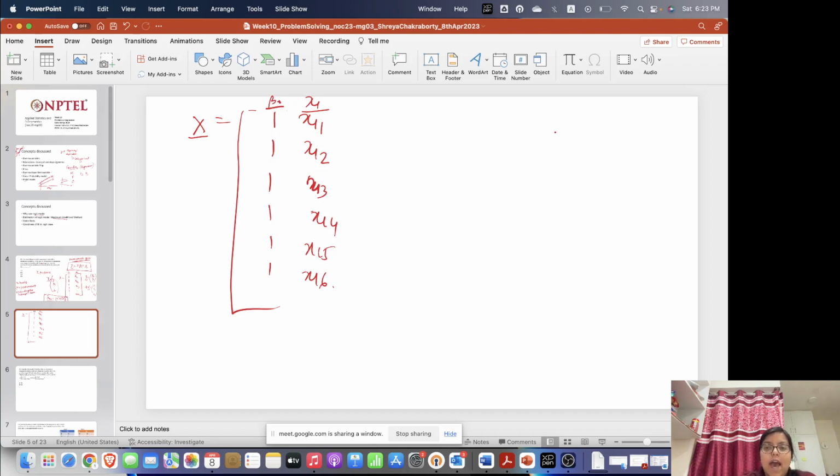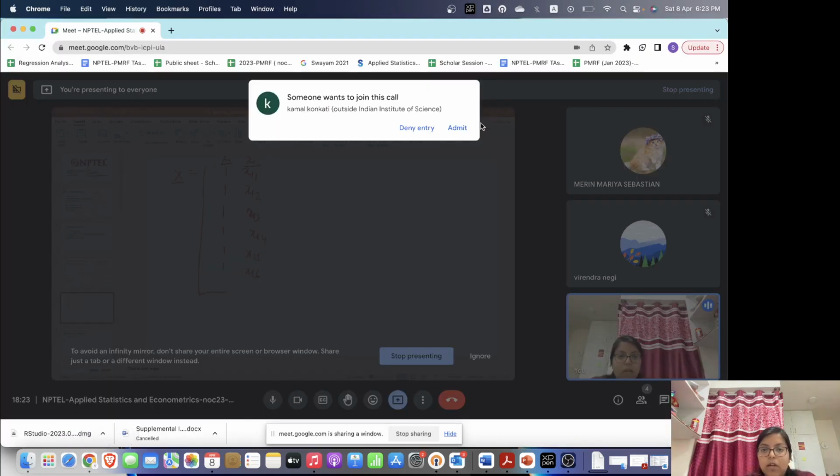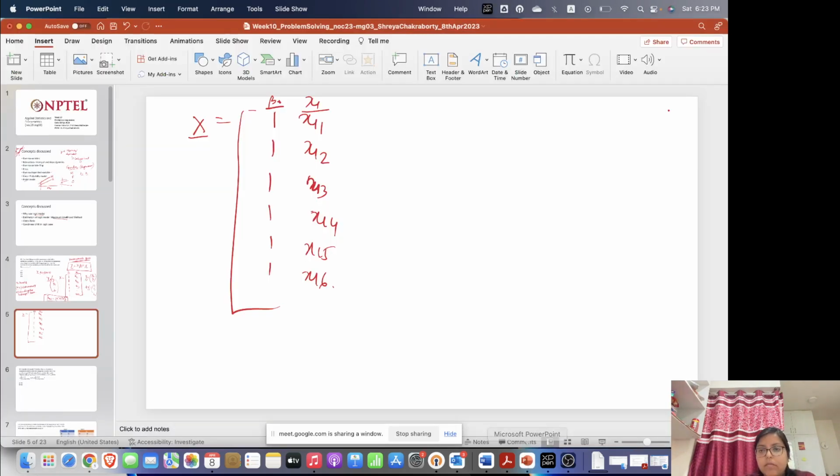Now we have a categorical variable which can take 3 levels, let's say A, B and C. So we can use 2 dummy variables to model these. Let's say this is my reference group.